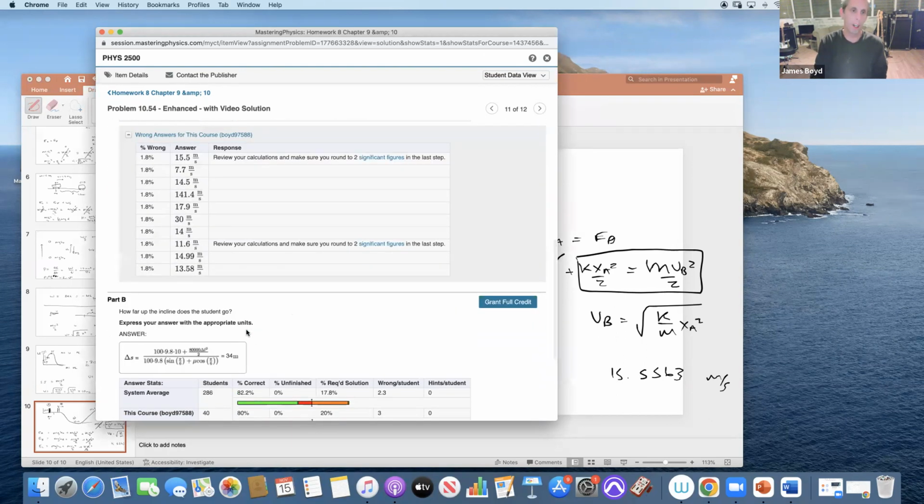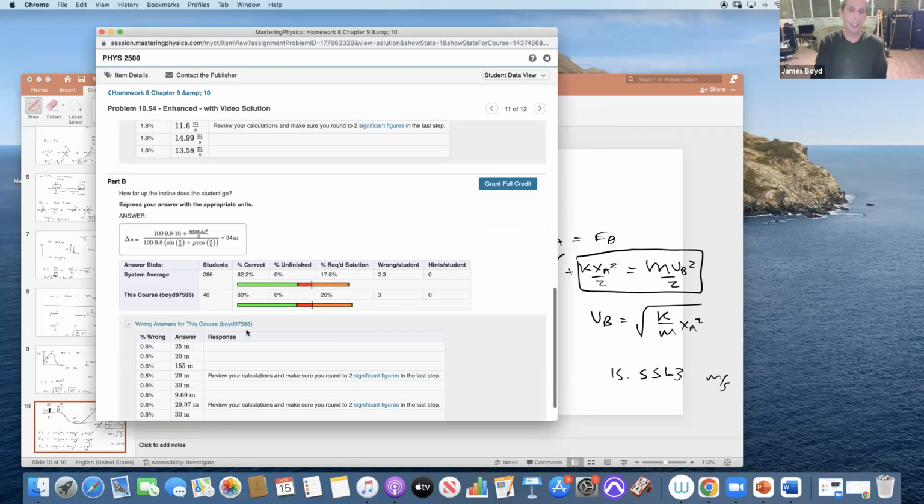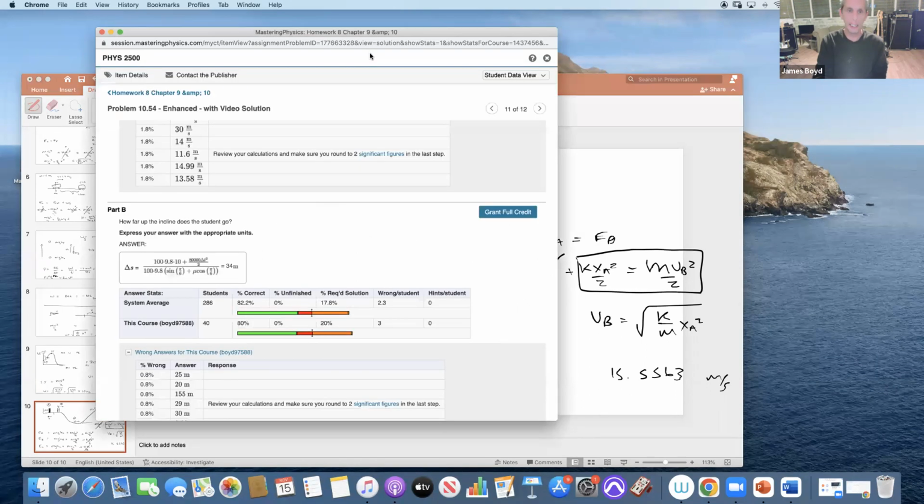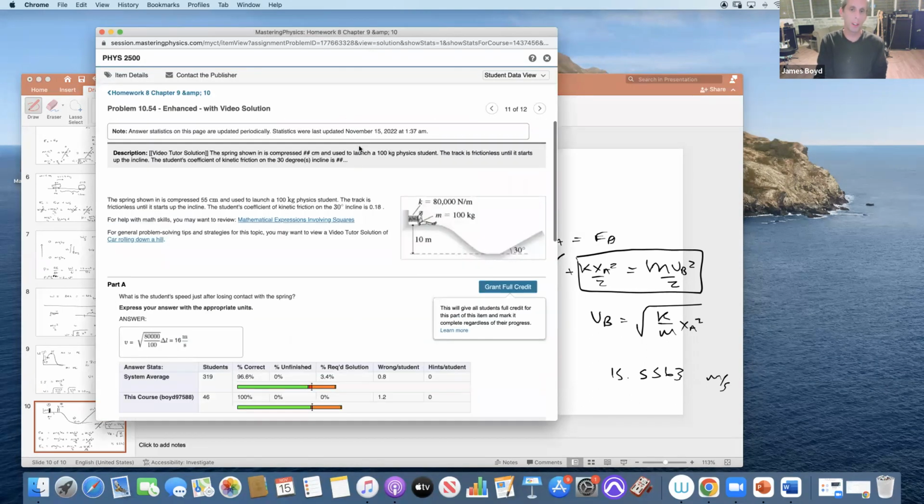Now, how far up the incline does the student go? We don't need to worry about C so much, but we do have to be super, super careful. Notice that the bottom here is 10 meters, and we want to measure how far up.